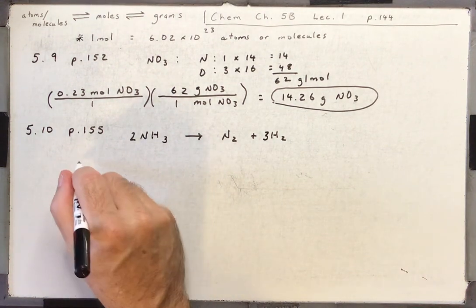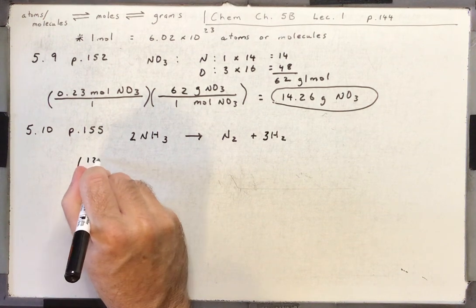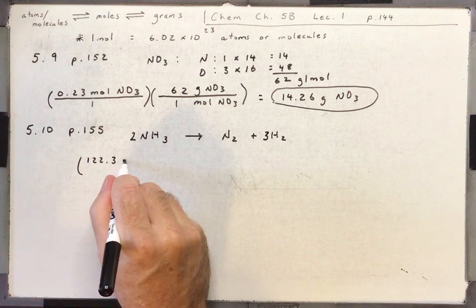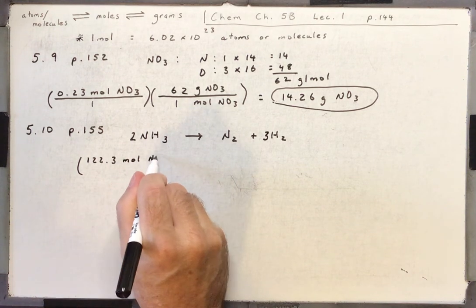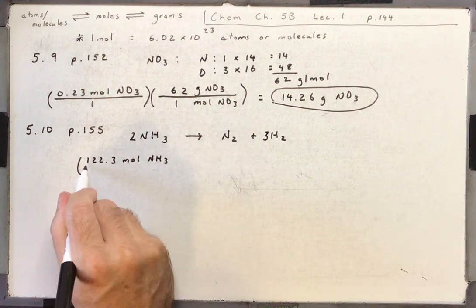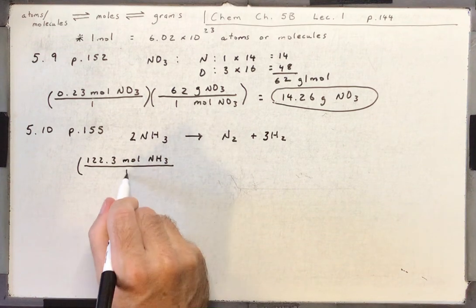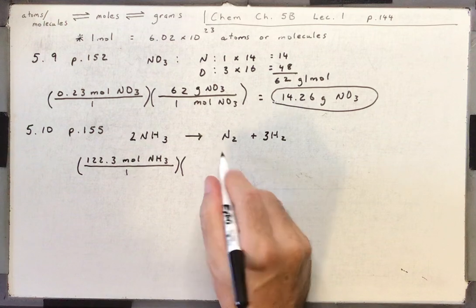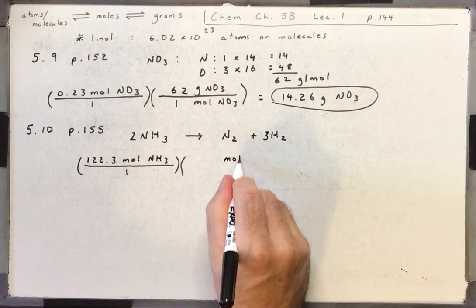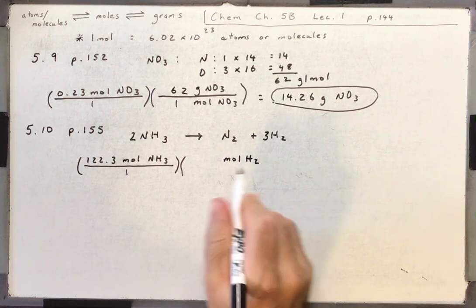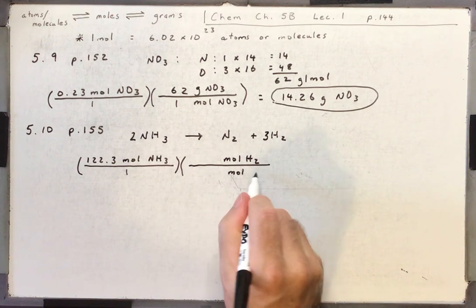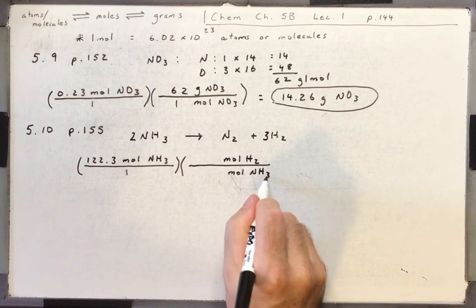So it says we have a 122.3 mole sample of NH3. I'm going to put that over 1. I want to know how many moles of hydrogen. So we put moles of hydrogen on top. We're going to cancel out moles of NH3.